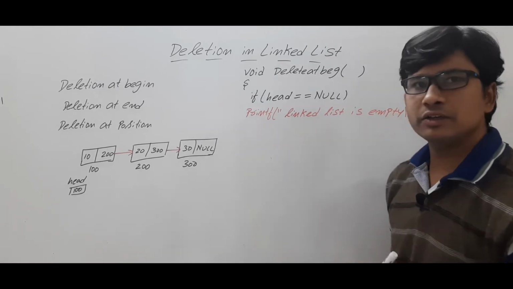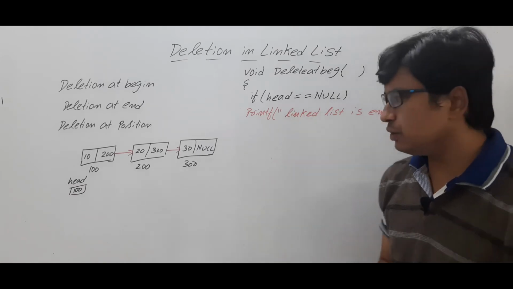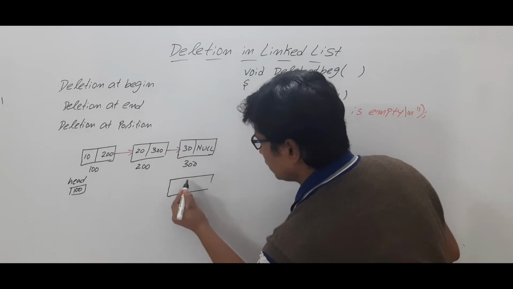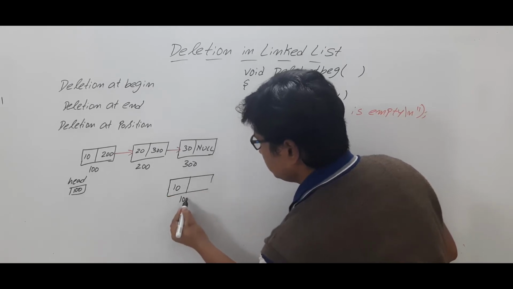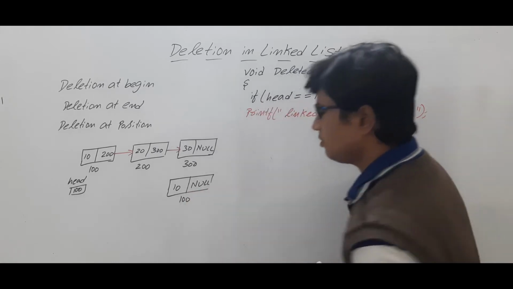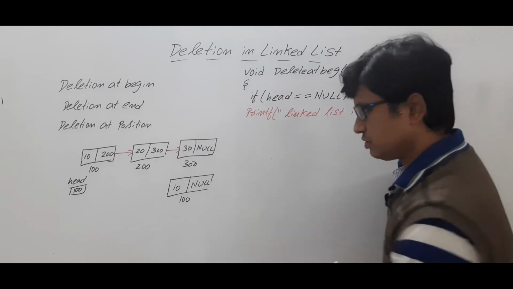The next scenario is that only one node is there in the linked list. Suppose we have one node at address location 100. Then obviously this pointer will be null because this is the last node as well as the first node.